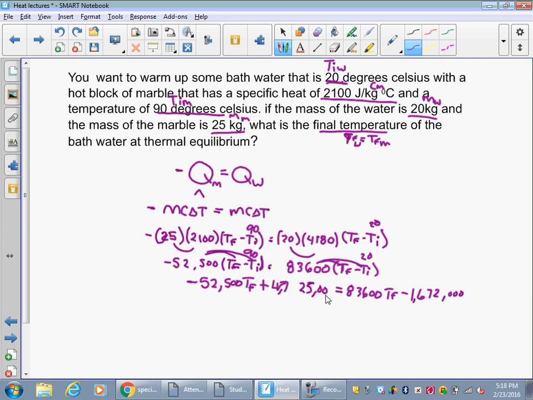All right, good. Now I'm trying to solve for T final, right? So I'm going to get my T finals to one side and my numbers to the other side. So let's add 1,672,000 to the other side. Whatever I do to one, I do to the other. Make sure to add like terms. Remember, this is like bananas and apples. You can't add bananas to apples. So 4,725,000 plus 1,672,000.